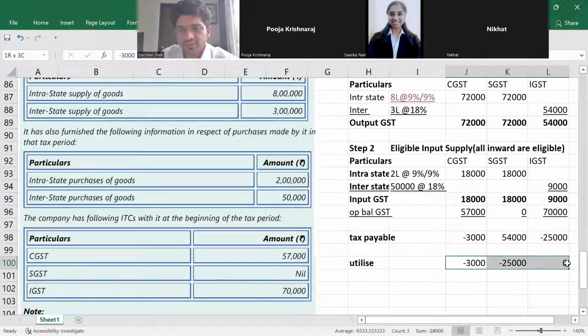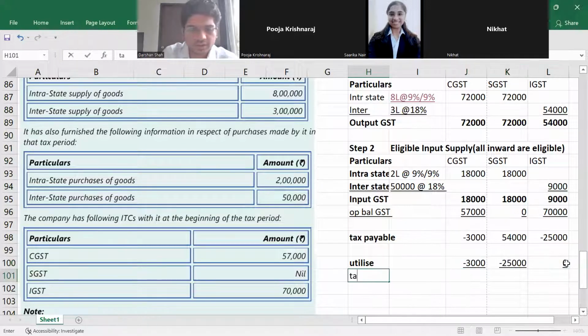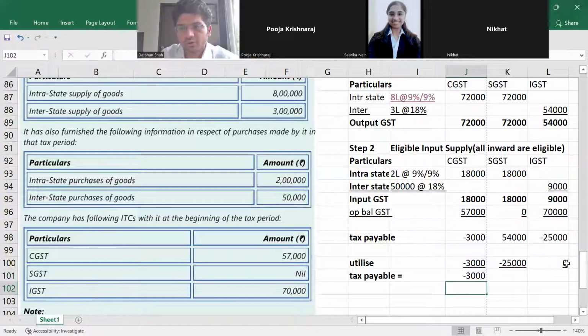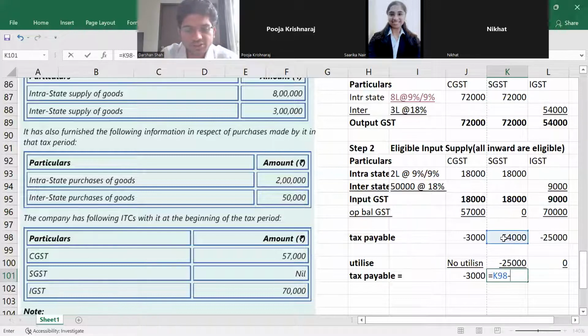Okay. And my tax payable here will still be negative 3,000 because there was no utilization, right? Here 54 minus 25 I utilized. So this is 29,000 and this becomes 0.